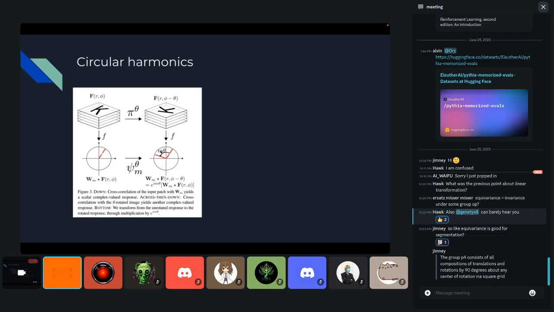Yeah, and this is important because this is just covariance. You can use this property to achieve covariance. I will explain how in the next few slides.